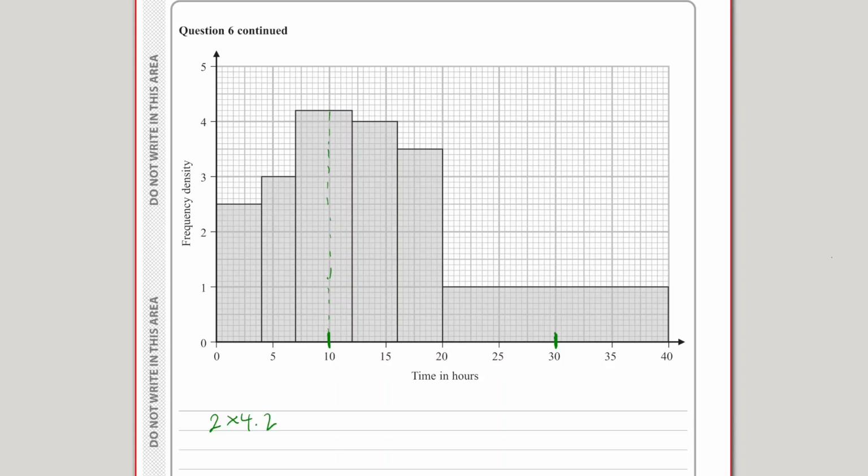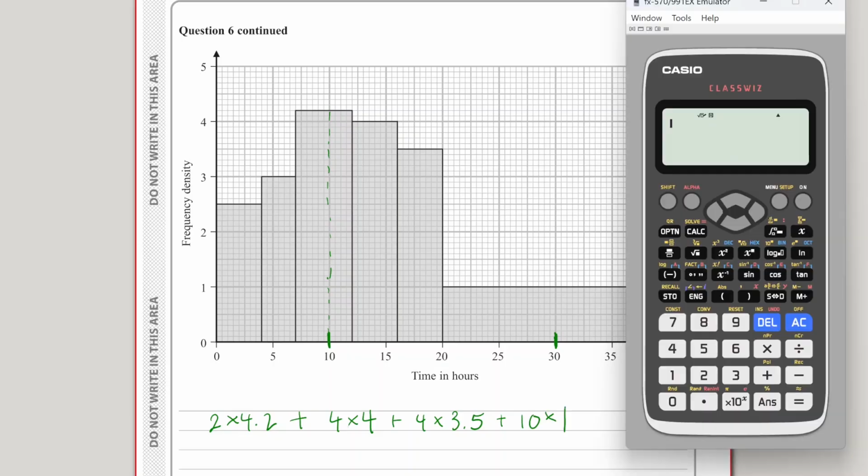Then 12 to 16, 4 times 4, 16 to 20, 4 times 3.5, and 20 to 30 is 10 times 1. So we have 2 times 4.2, 4 times 4, 4 times 3.5, and 10 times 1.